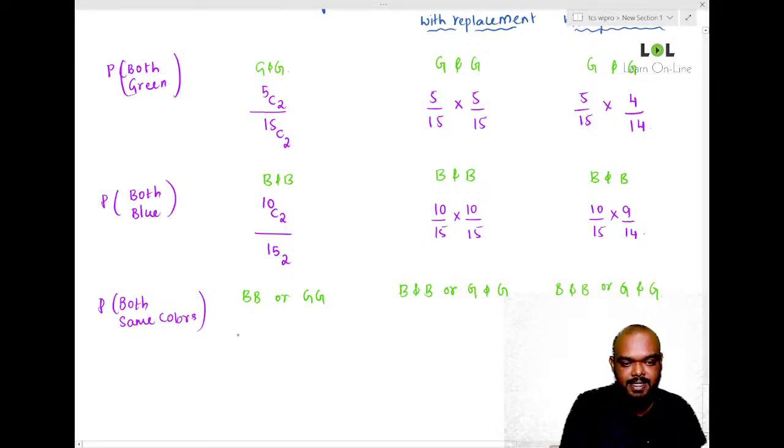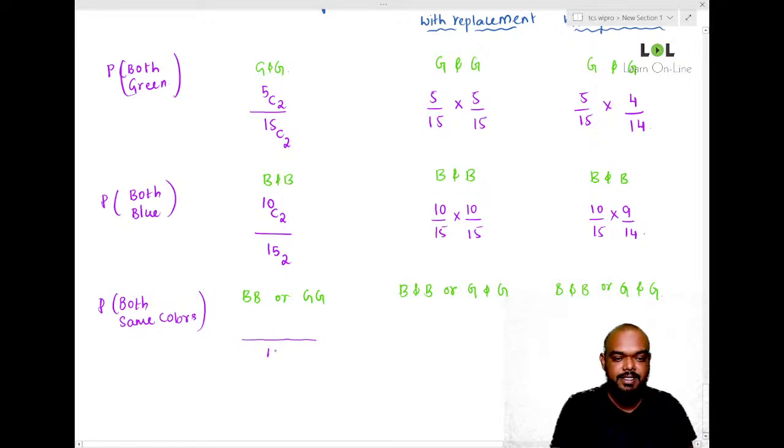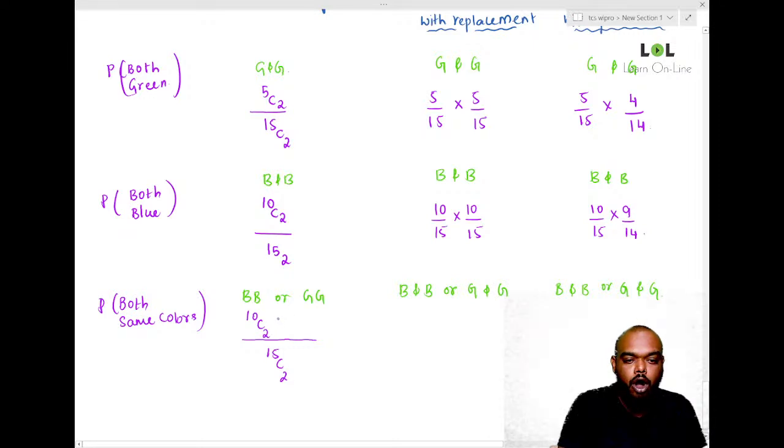What is total cases? It will not change. 15 marbles are there. We need 2 marbles from them. So what do we get here? 15C2. You need 2 blue means 10C2, or means plus 2 green means 5C2.